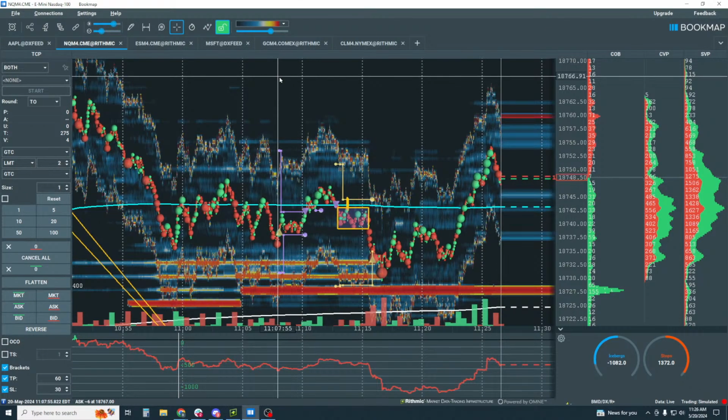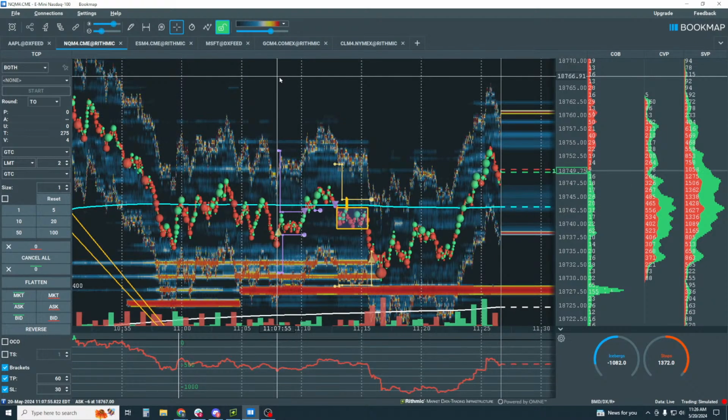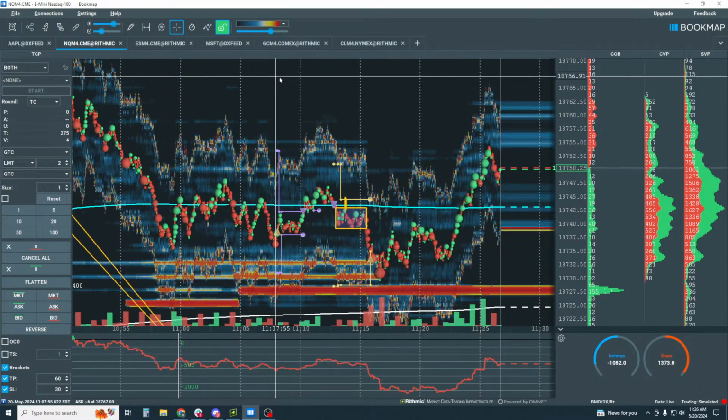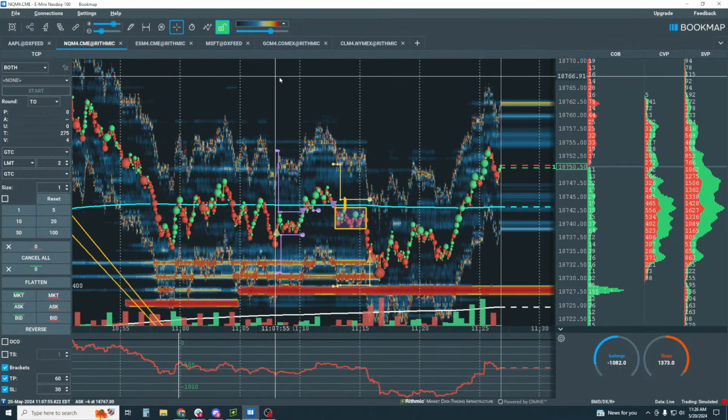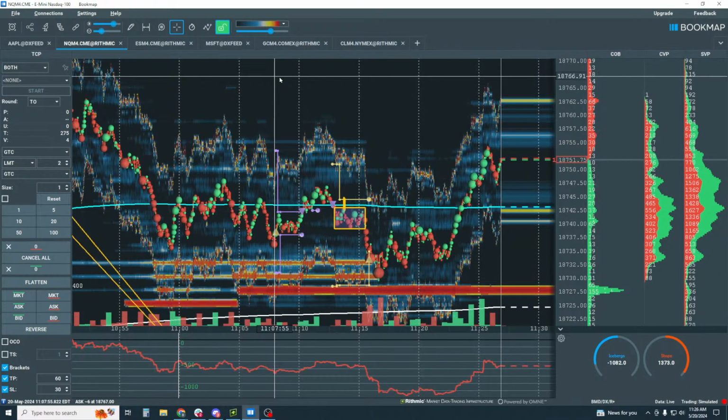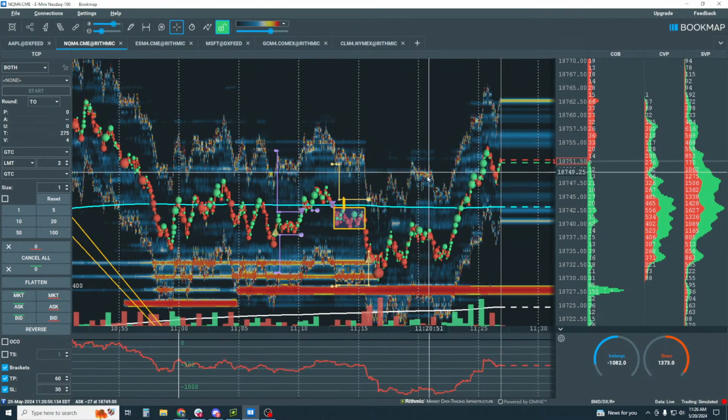But then looking into them within Bookmap is the key, and really putting those together.